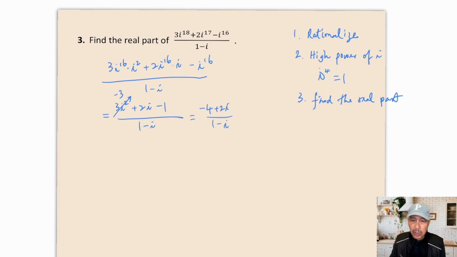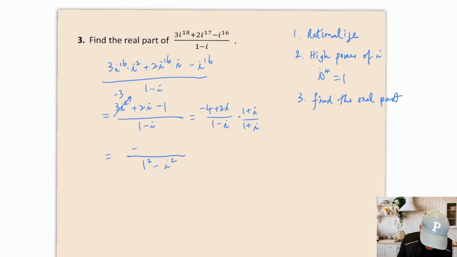Okay, the denominator is 1 minus i. So we times 1 plus i over 1 plus i. Okay, and then the denominator will become 1 squared minus i squared, and the numerator negative 4 plus 2i times 1 plus i. Okay, so negative 4 minus 4i plus 2i plus 2i squared.